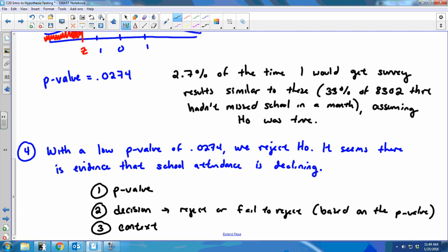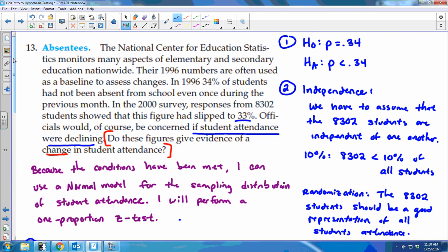And I just went back and said what that meant. That's the context part. We rejected the null hypothesis, so that means we think that the alternative is true. So we think the proportion of students that are not absent from school is less than 0.34, right? So we think that school attendance is on the decline.